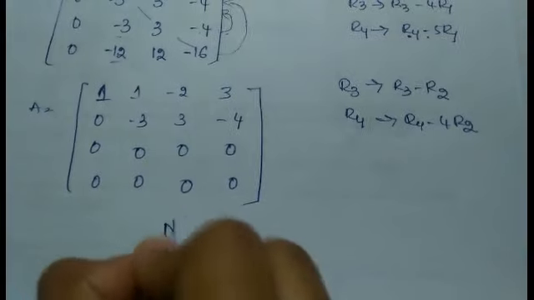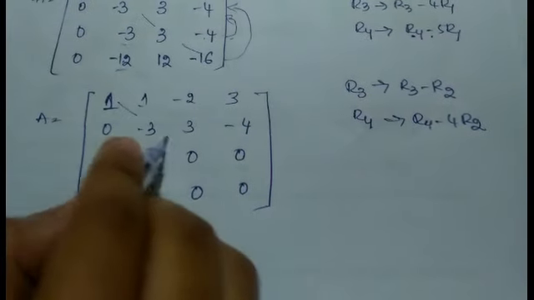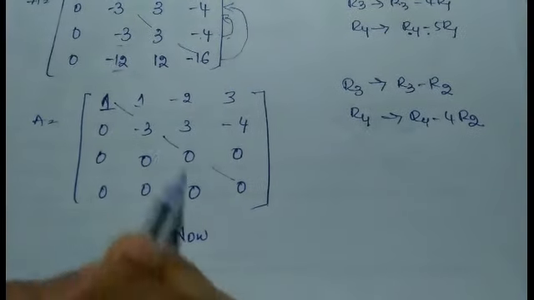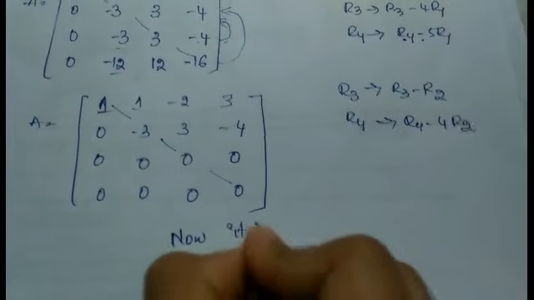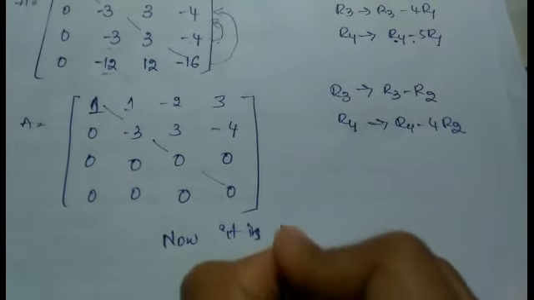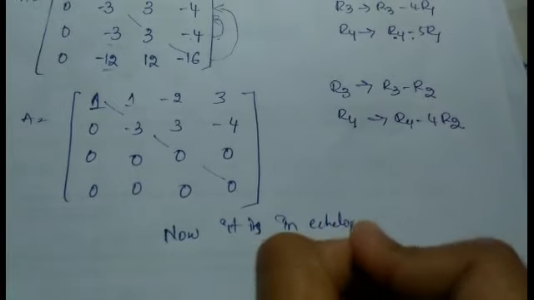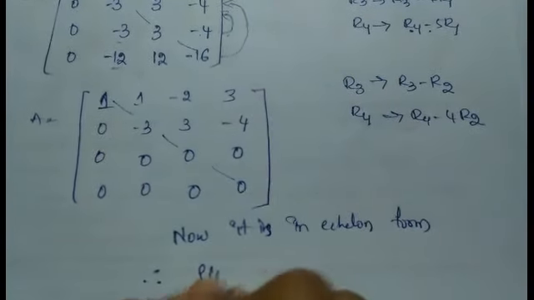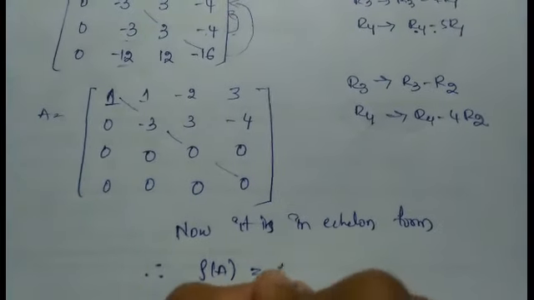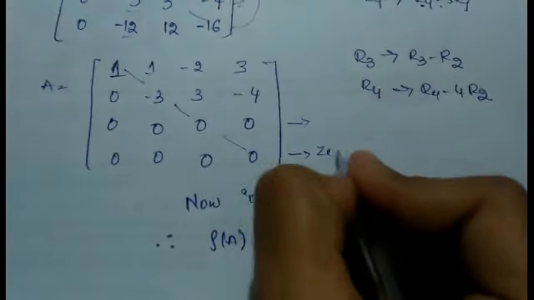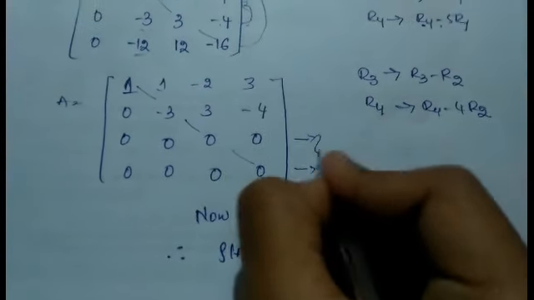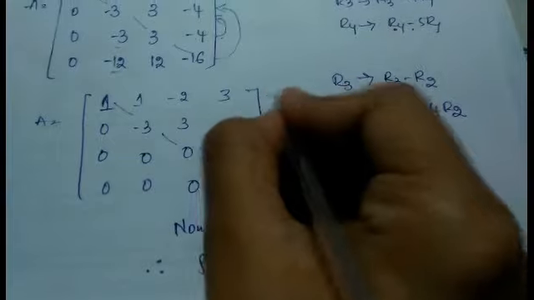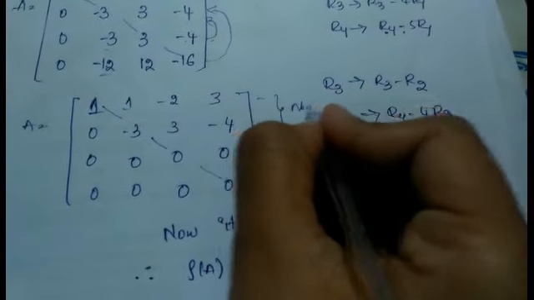Now all the elements below the diagonal are 0, so it is in echelon form. Therefore the rank of A is 2, as these two are zero rows and these two are non-zero rows.